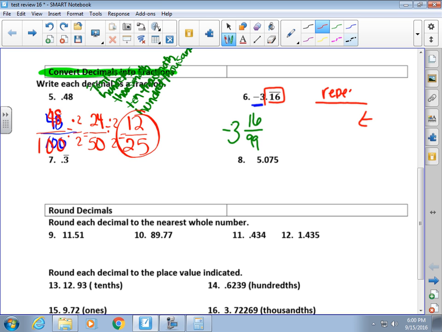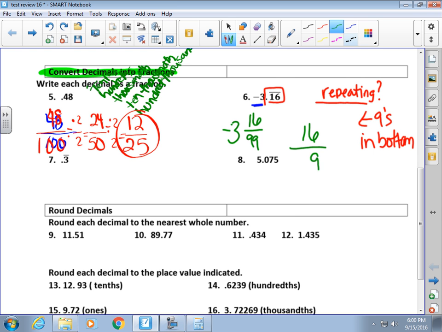Repeating, 9s in the bottom. So if it's repeating, the 9s are in the bottom. So let's look at this. This is repeating. So I write 16. 2 digits are repeating.